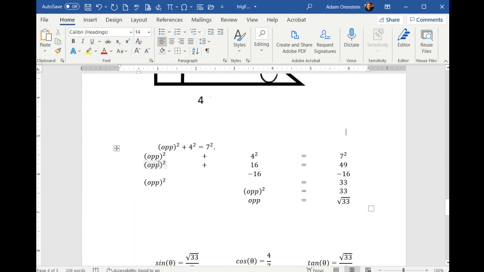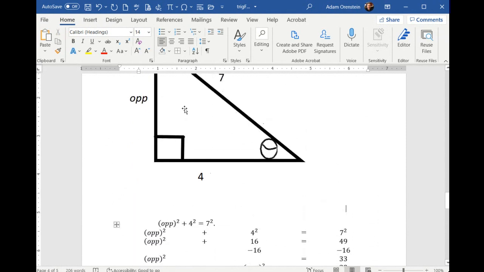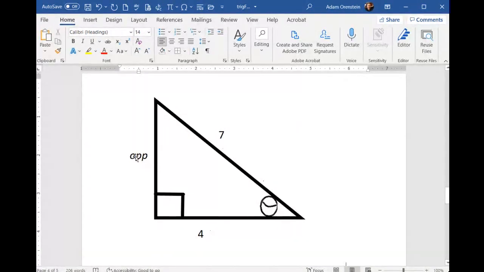So we have OPP squared plus 16 is 49. Then you just subtract 16, you get 33. So the unknown side, OPP squared is 33. So OPP itself is the square root of that. In this triangle, the third side here has length square root of 33.